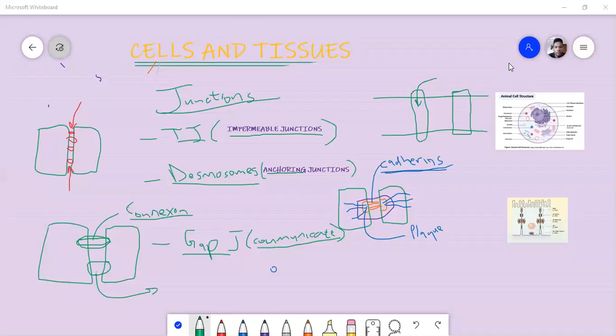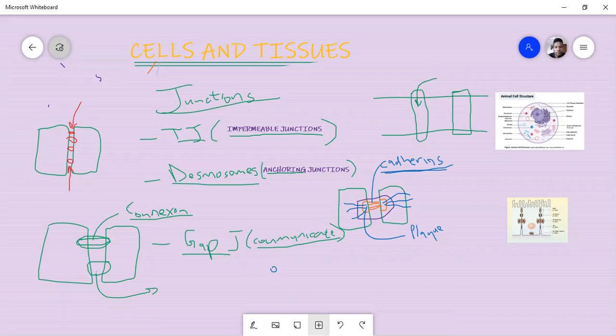Do you guys understand? Kevin, can you please redo the gap junction? Okay, listen to me. I'm saying gap junctions are also called communicating junctions. That's the first thing that you have to know. And your gap junctions are transmembrane proteins.